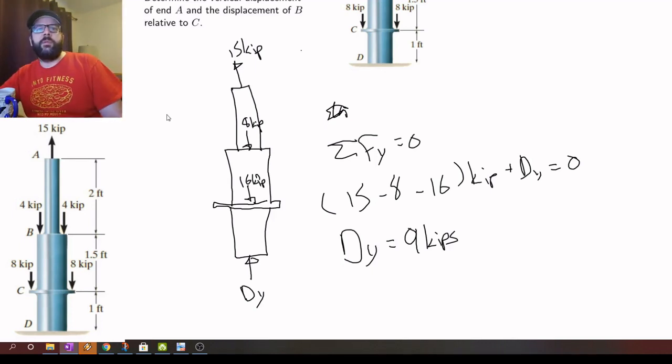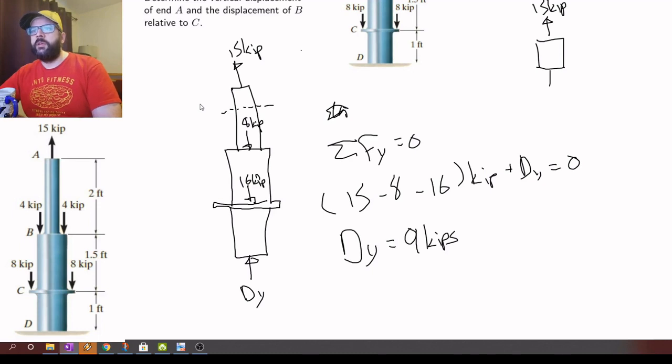So we can figure out what the internal load is in the different sections here. Essentially, if we take a slice of any point in this little top section here and do a free body diagram of it, it'll be plus 15 kips, which means that the internal stress there needs to be based upon 15 kips as well.